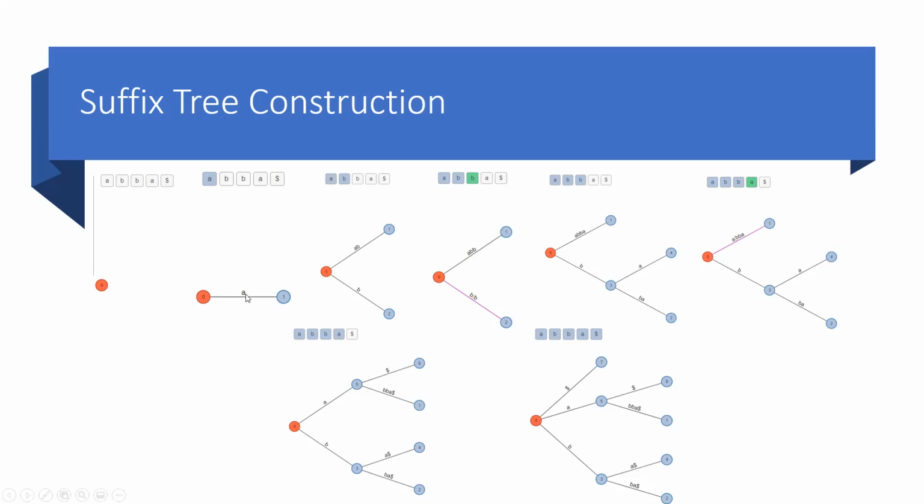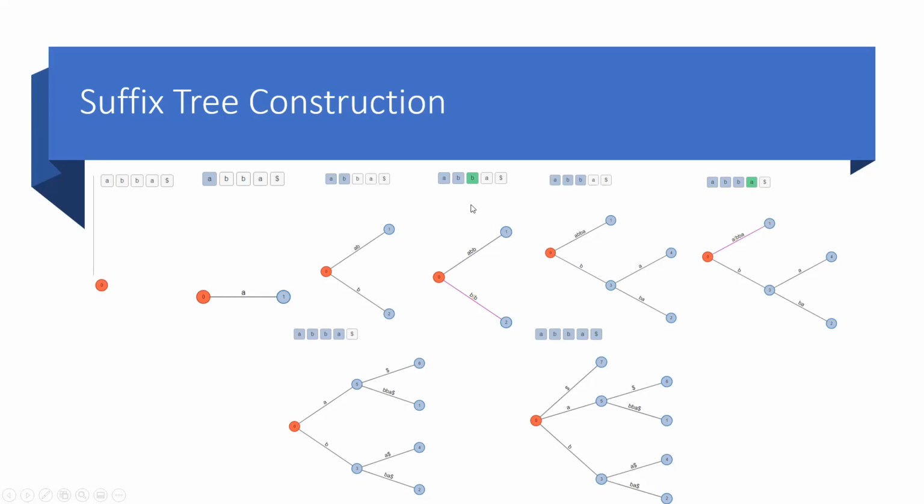So we add B next to A here. And then we have to create another path for B because a suffix substring of AB is B by itself.